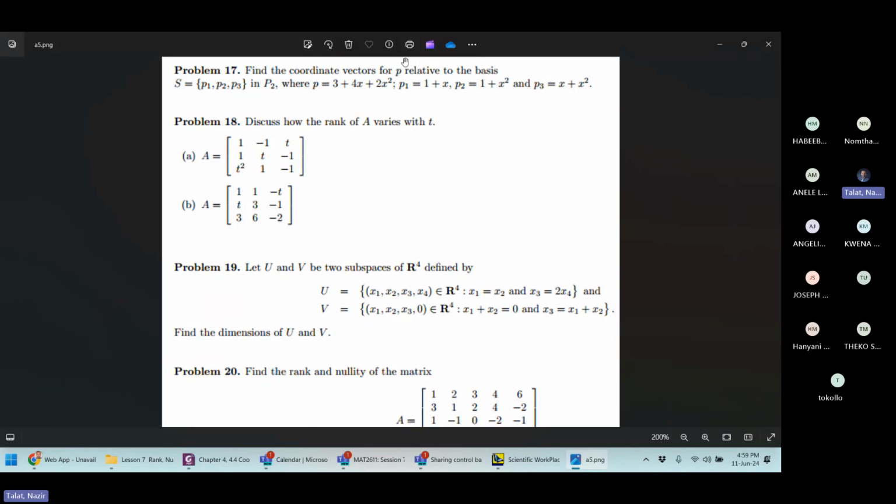But suppose P1, P2, P3 are standard, like P1 is only 1, P2 is x, P3 is x square, then in that case your coordinate vector will be 3, 4, and 2.